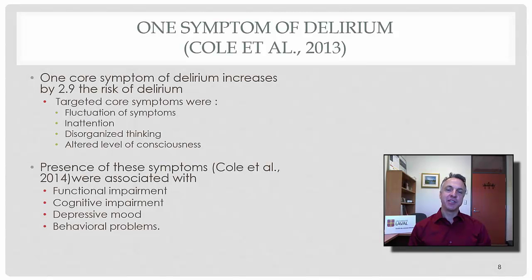Here is not a definition of delirium, but it's something that is also very important for a clinician to know, and it will help to interpret the results about the RADAR. It's the fact that having one symptom of delirium, and the symptoms we are looking at are fluctuation of symptoms, inattention, disorganized thinking, or altered level of consciousness.